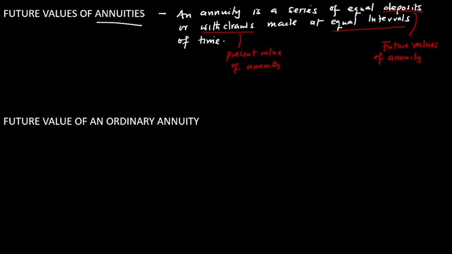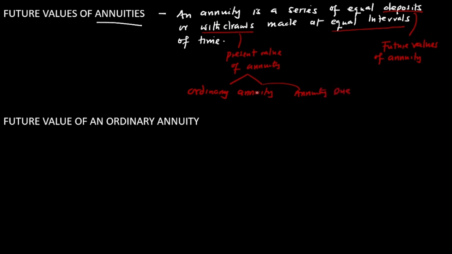Now, apart from the future value of annuity and the present value of annuity, you need to understand that there is what we describe as the ordinary annuity, and also the annuity due.